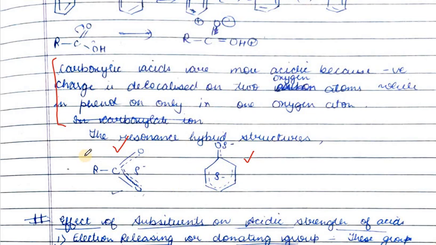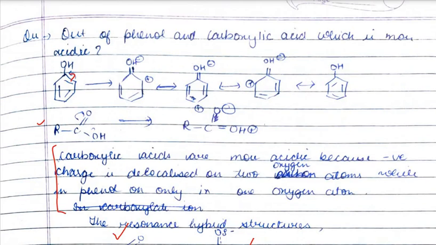So carboxylic acids are more acidic than phenol. And the structures of phenate ion and carboxylate ion are to be described, not these structures.